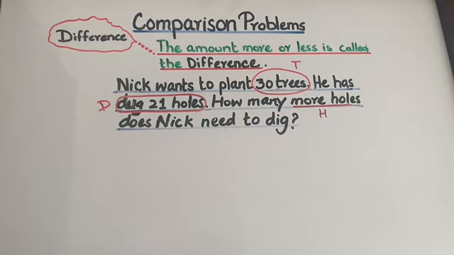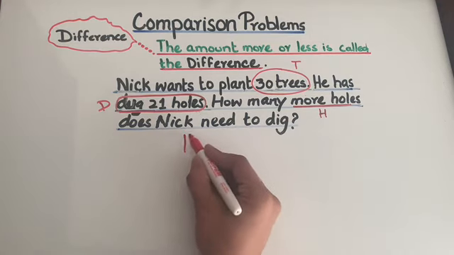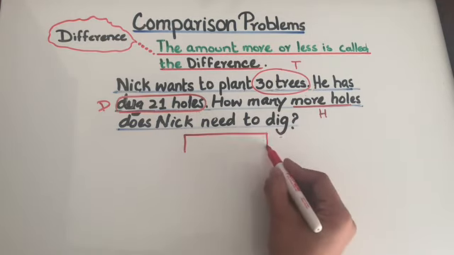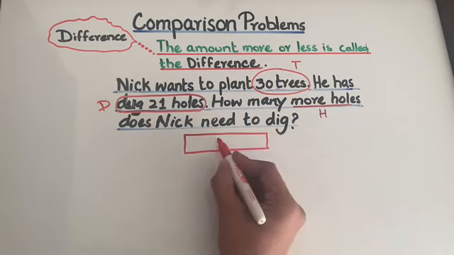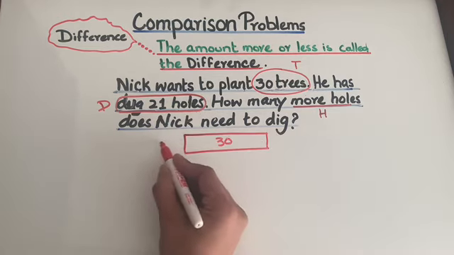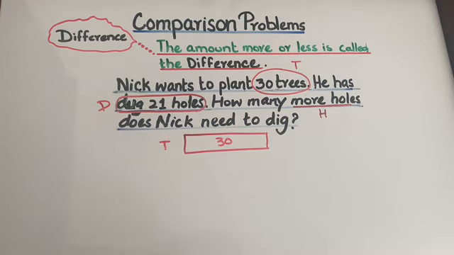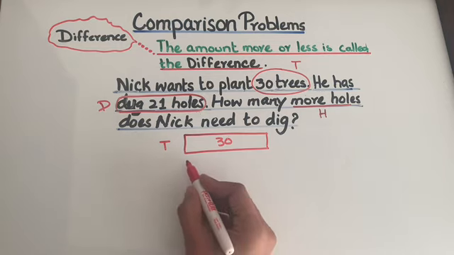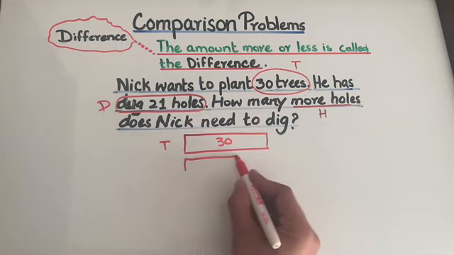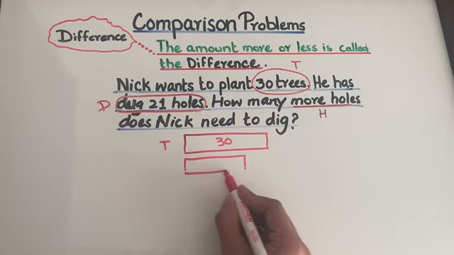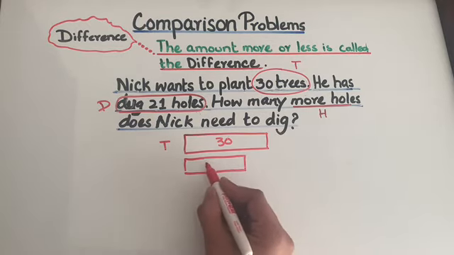My first comparison bar is for the trees, for the 30 trees, and here I'm going to use T. Now the next bar is for the holes, the 21 holes which Nick has dug.